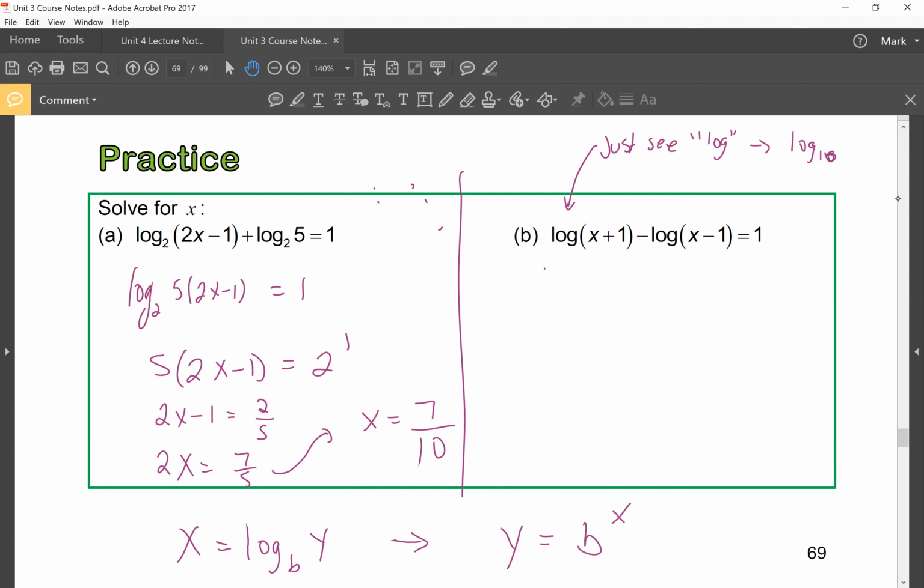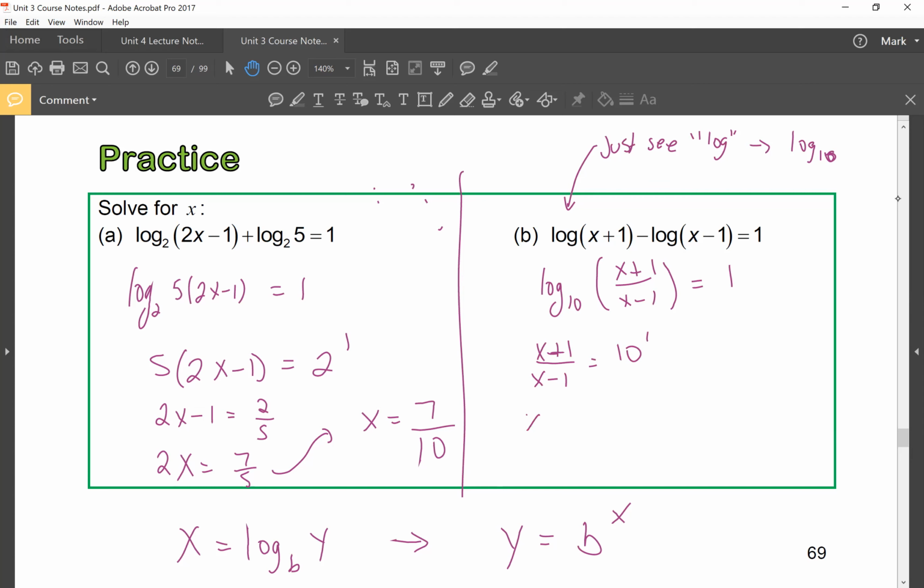So this is going to be log base 10 of x plus 1 over x minus 1 equals 1. Then I put it in exponential form. So x plus 1 over x minus 1 will be 10 to the power of 1, which is just 10.